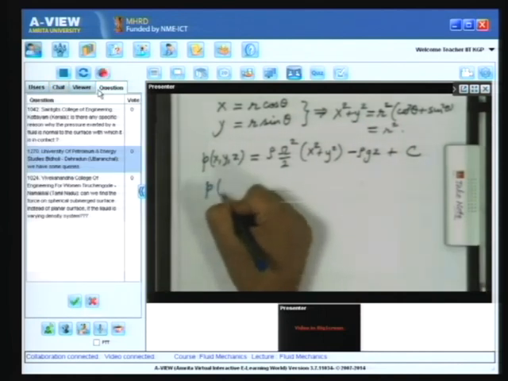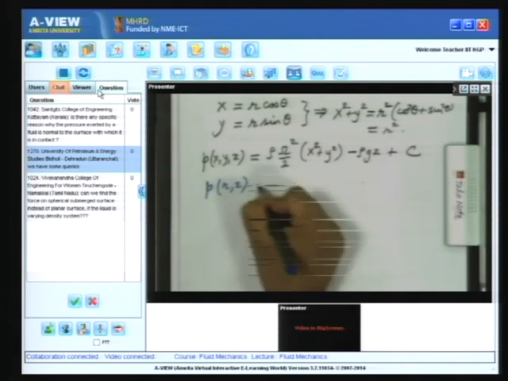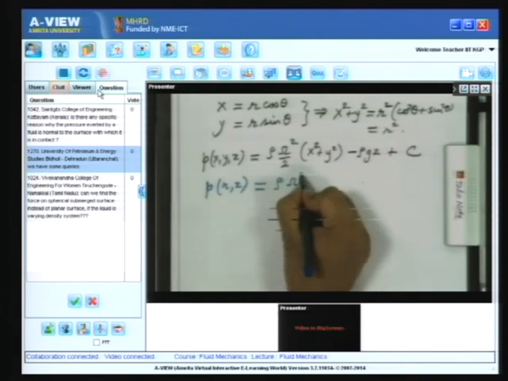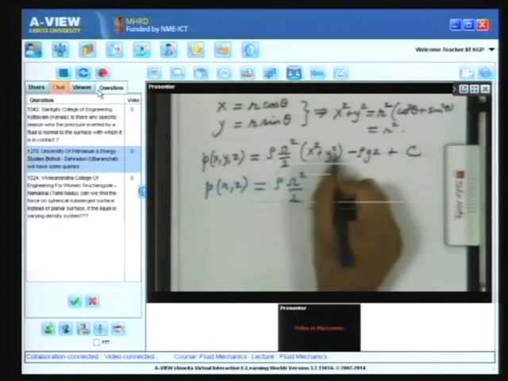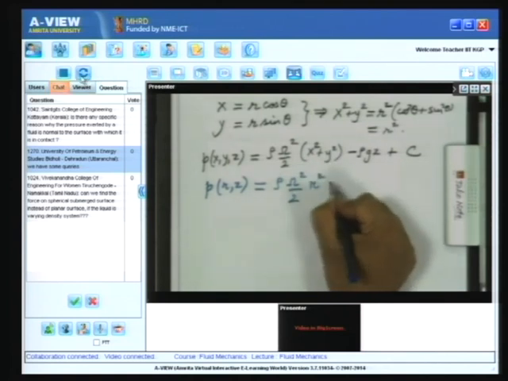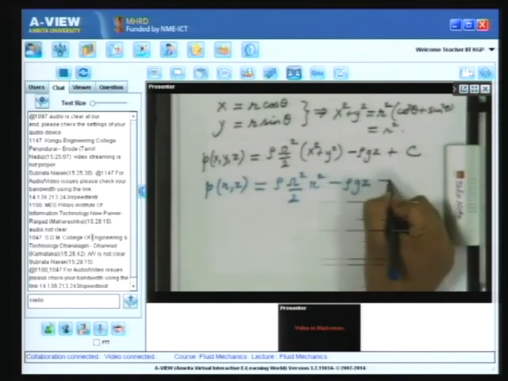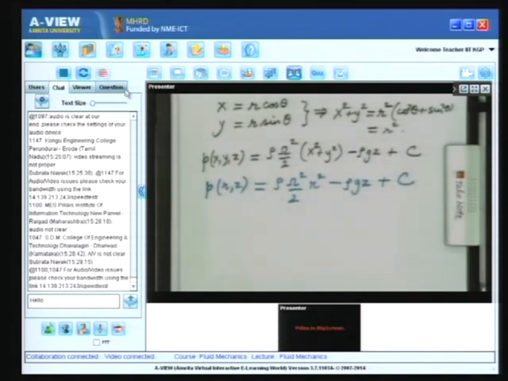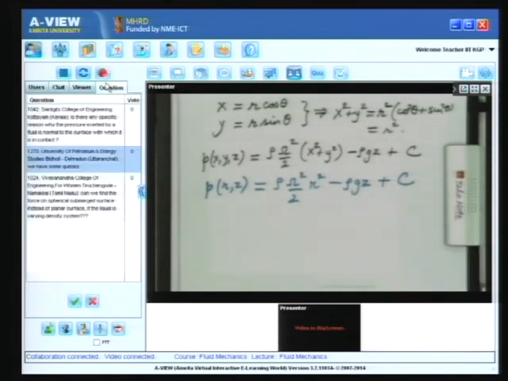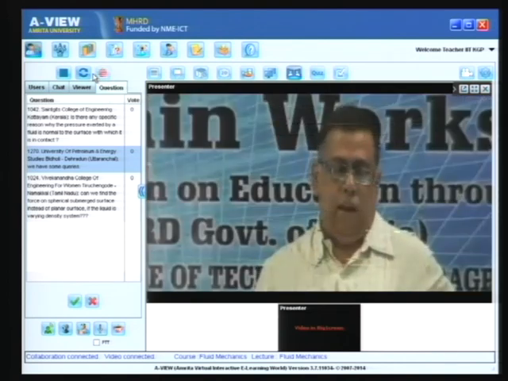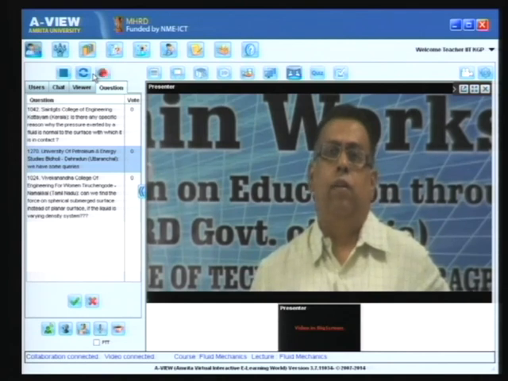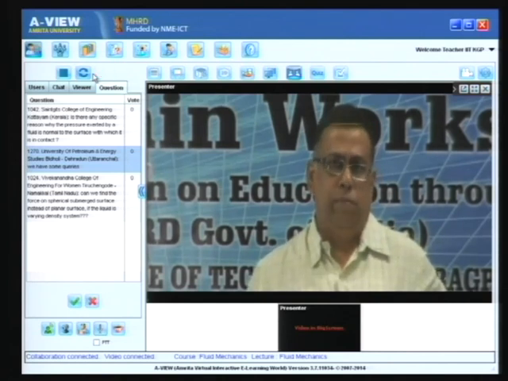P of r and z is equal to rho omega squared by 2, instead of x square plus y square I can write r square, minus rho g z plus c. So, these are two equivalent mathematical expressions which tell you how the pressure inside the rotating liquid is varying when the fluid is rotating like a rigid body.